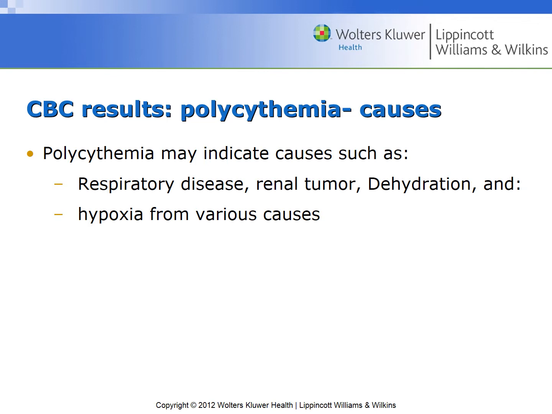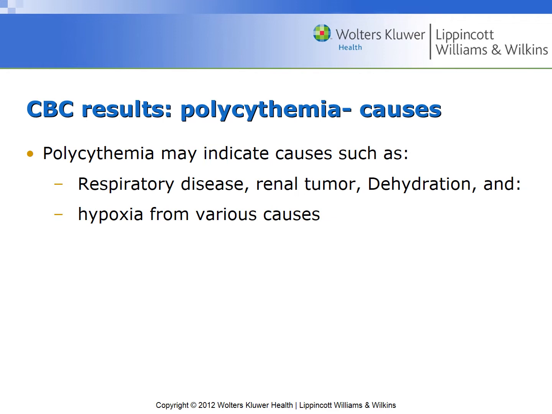Dehydration. Now, dehydration may cause what we would call a relative polycythemia, meaning that the number of red blood cells would otherwise be normal, but the patient is dehydrated, has lost fluid, so that the bloodstream is more concentrated.